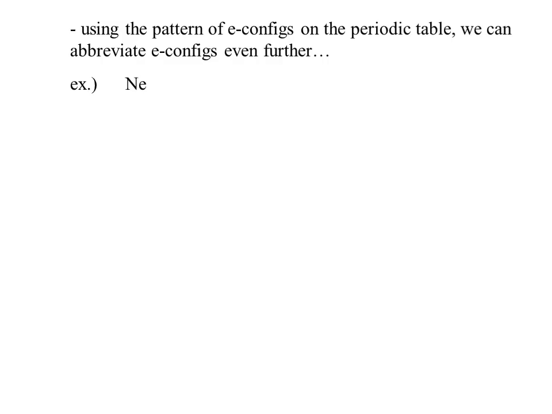So once again, if we looked at neon, we know that neon is 1s2, 2s2, 2p6. Sodium is the next element after neon in the periodic table. It's the first element in the third period, so it would be 1s2, 2s2, 2p6, 3s1.